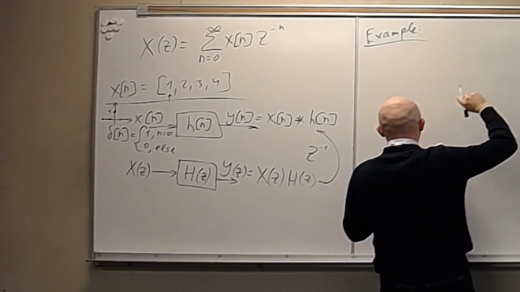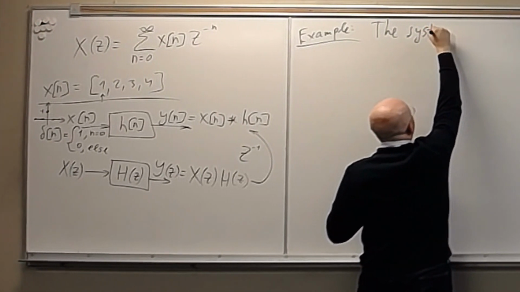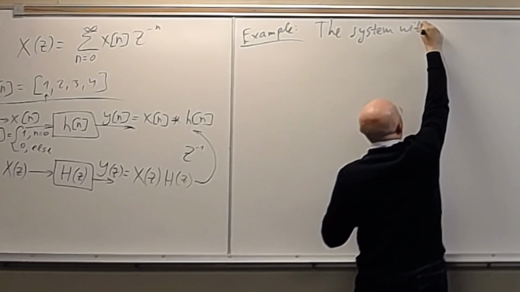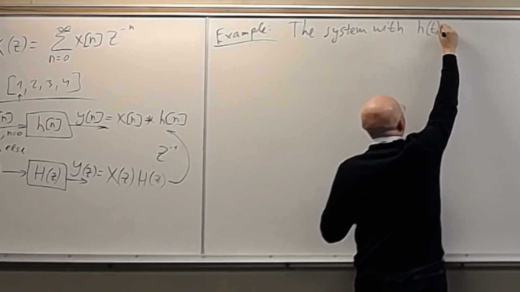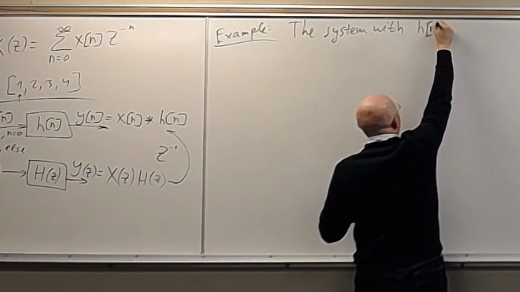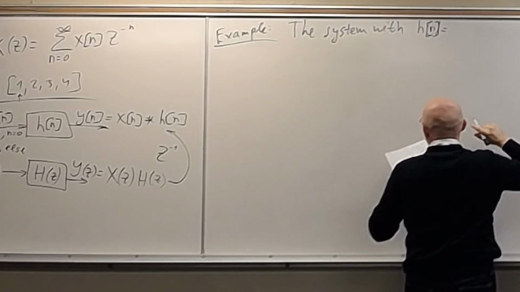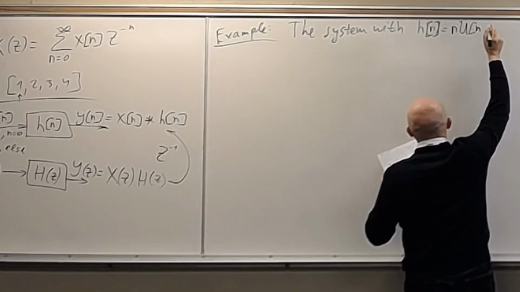The system with unit pulse response h of n will be given by n times step function of n.